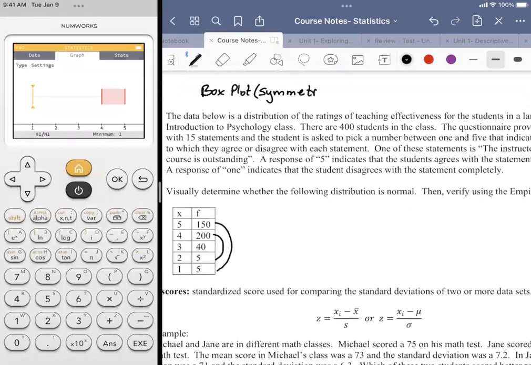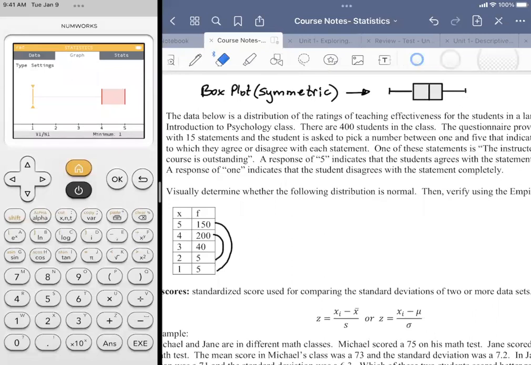There's a whole page later on in the packet that talks about types of graphs and how to interpret them. But just to give you the gist, an ordinary box plot would look something like this. This would be, I'm sorry, a symmetrical box plot. You'd have the box in the middle, the tails going out, the tails roughly the same length.